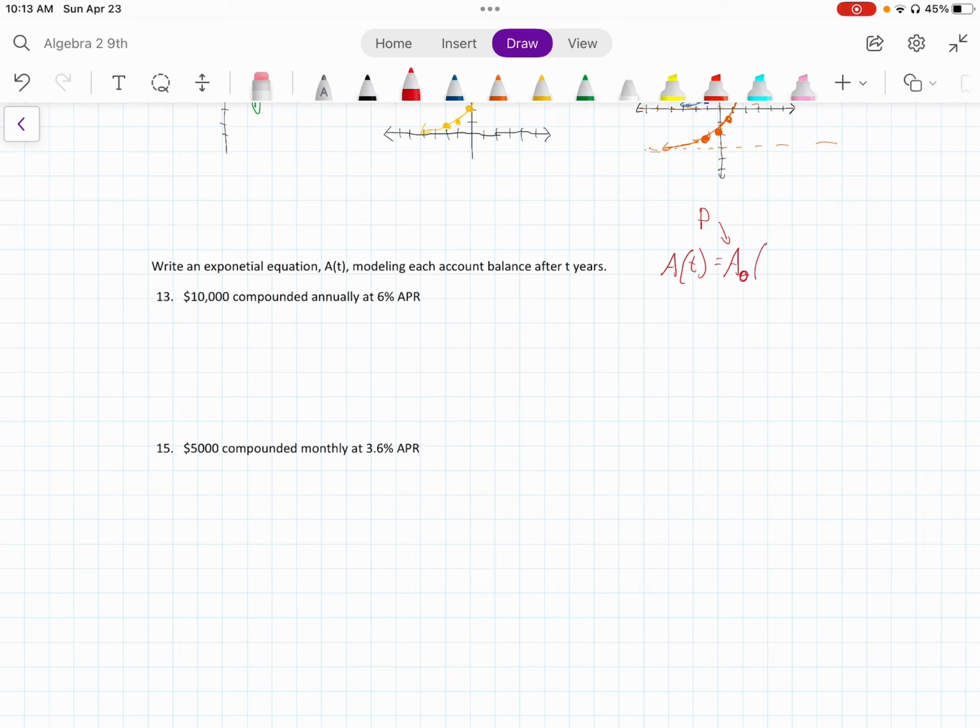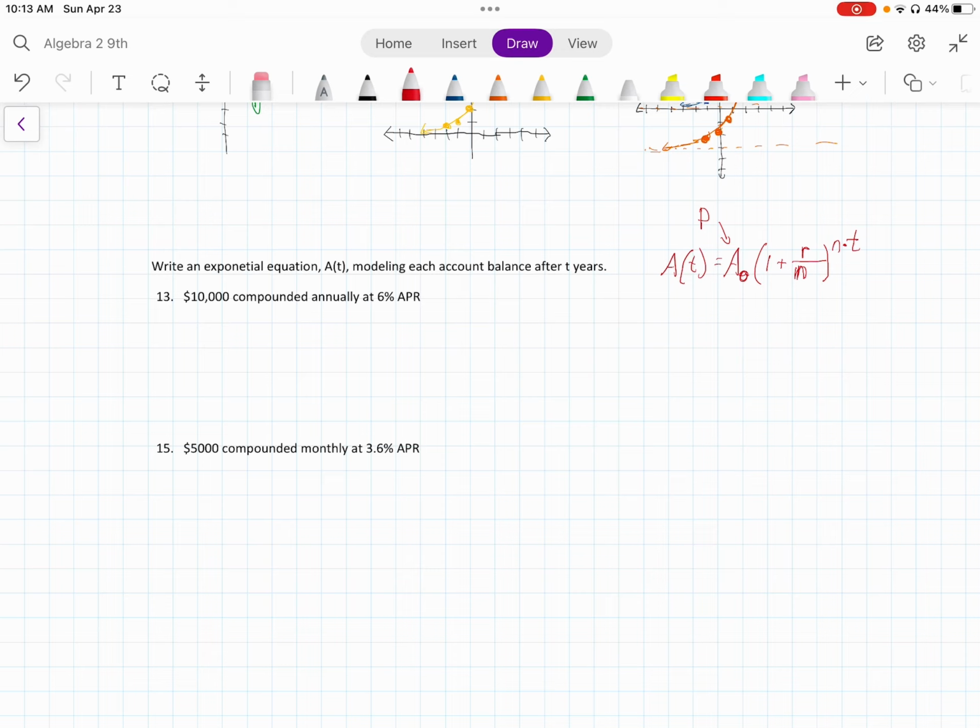times 1 plus our interest rate over how many payments per year. So n is the number of payments per year, and that whole thing is raised to the number of payments per year times the number of years.